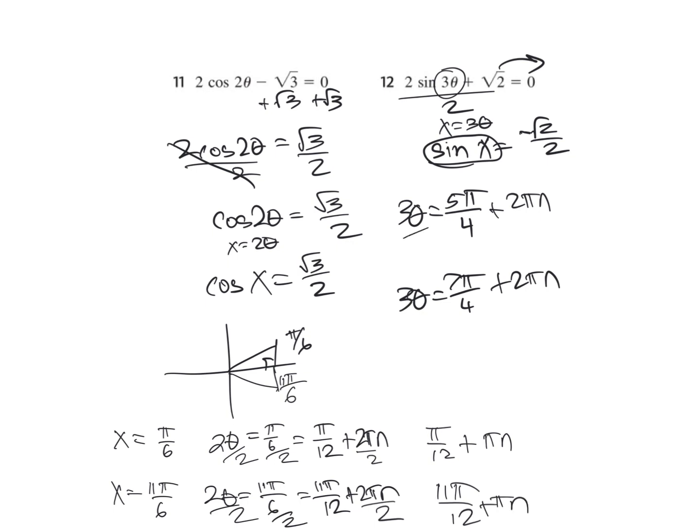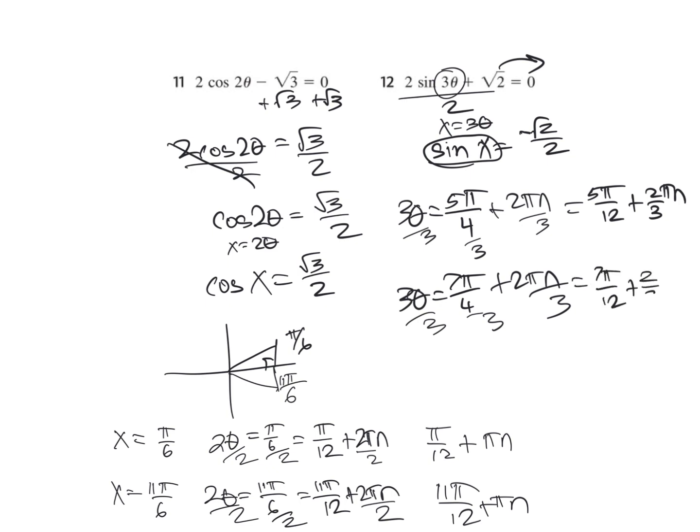So in this one, when we divide off the 3, you've got to divide everything. I can't believe I didn't do that, but there you go. So our answer truly would be, if you're dividing by 3, it's multiplying by 1/3. So 5 pi over 12 plus 2/3 pi n and 7 pi over 12 plus 2/3 pi n.